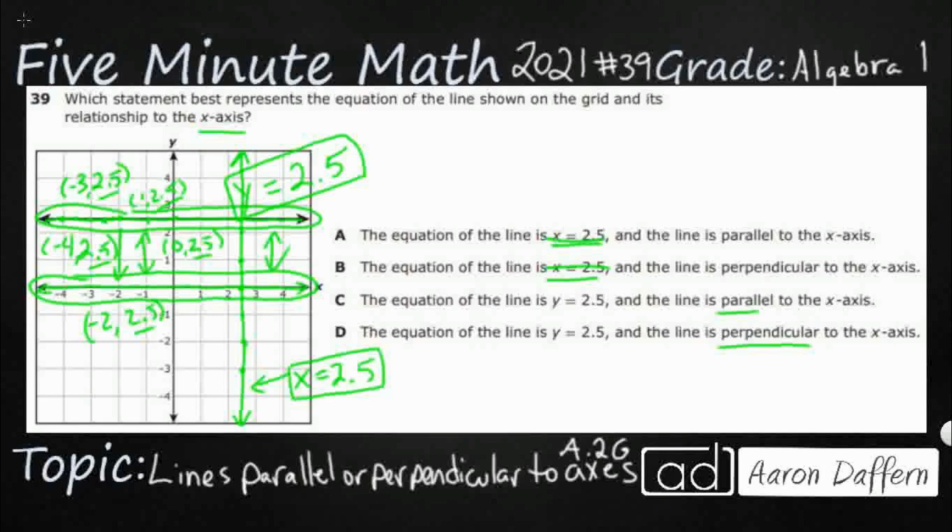So we need to define these two. Hopefully we remember them because they are not on any of our definitions for our mathematics chart or anything like that. So parallel lines never get closer or farther. They're always the same distance away.